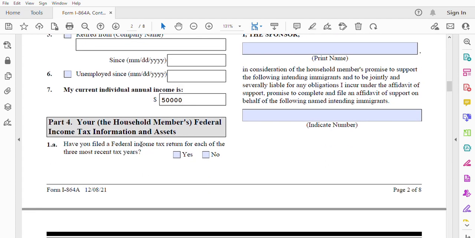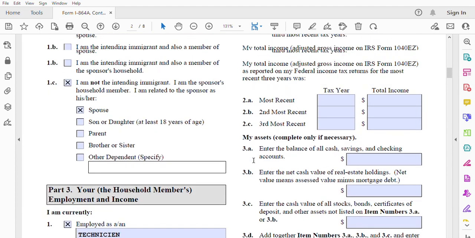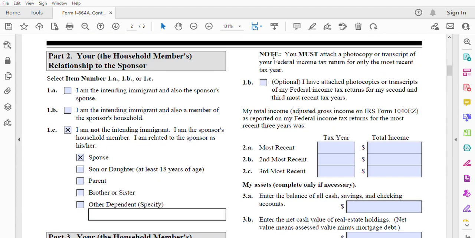Part 4, we're still talking about the household member's federal income tax information. Have you filed the federal income tax return for each of the 3 most recent tax years? Yes. So you're gonna read this note right here. You must attach a photocopy of or transcripts of your federal income tax return for only the most recent tax year.